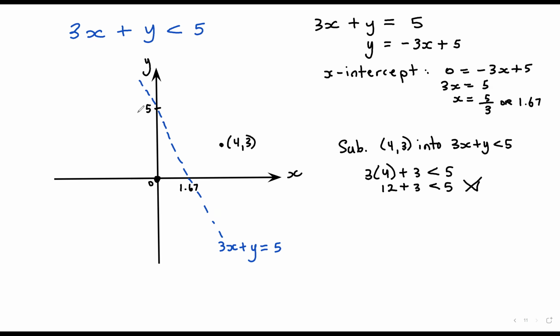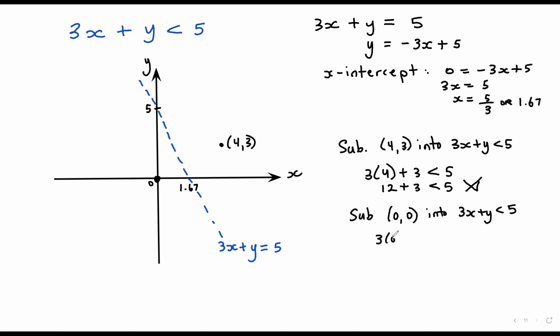So obviously it has to be the other side. However, if you just want to be very certain, you can then substitute a point to the left of it. You see this point here, that's the origin, that's 0, 0. So let's see if the origin is in the region that would satisfy the inequality 3x plus y is less than 5. So x is 0, y is 0.